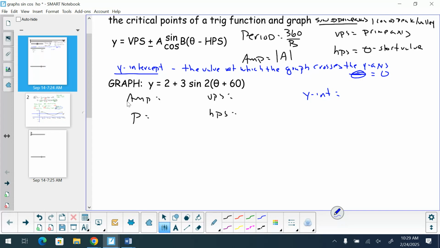Maya, what do you have for the amplitude? Period? 2 for the amplitude. Oh wait, no, 3. 3 for the amplitude, period. 180. Taking 360, there's our B value, divided by 2, we have 180. Vertical phase shift, horizontal phase shift. Preston, what do we have for vertical and horizontal?